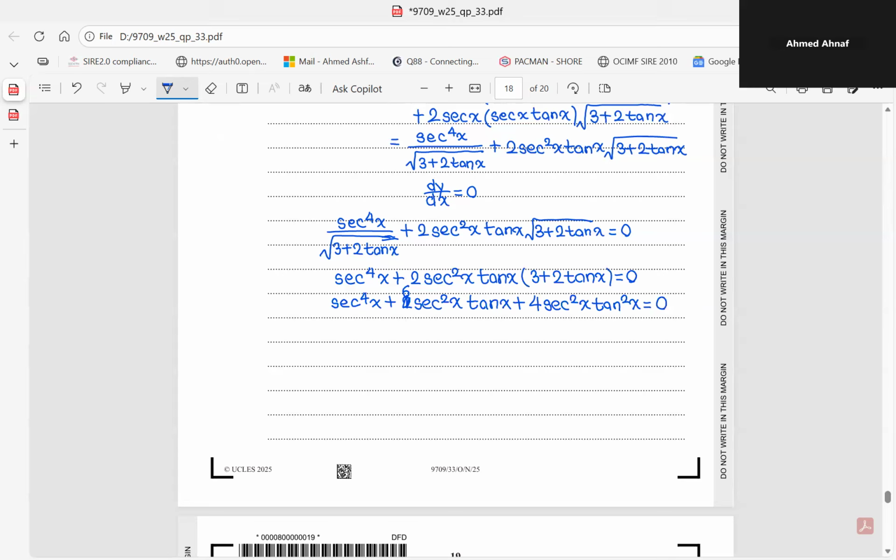So here in our equation, we can see that secant 4 x is a common factor. So we can factor that. No, I mean secant square is a common factor, so we'll factor that out. So factoring that out, we get secant square times secant square plus 6 tangent x plus 4 tangent square x.